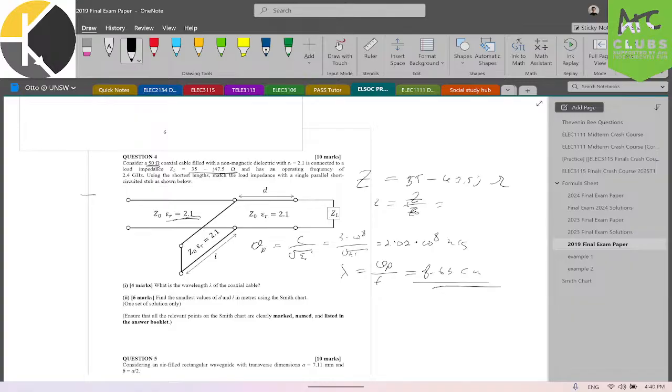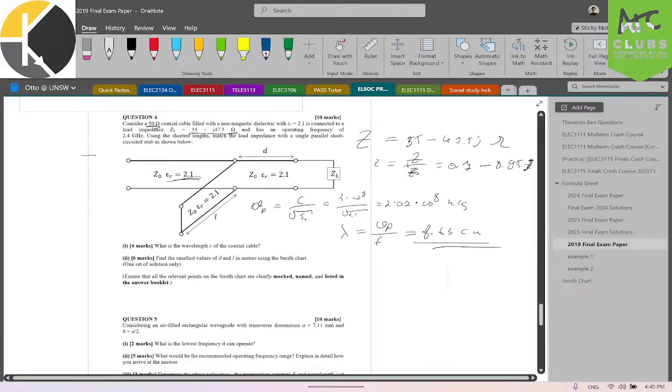It's equal to 0.7 minus 0.95 j. Now we can move to the Smith chart.